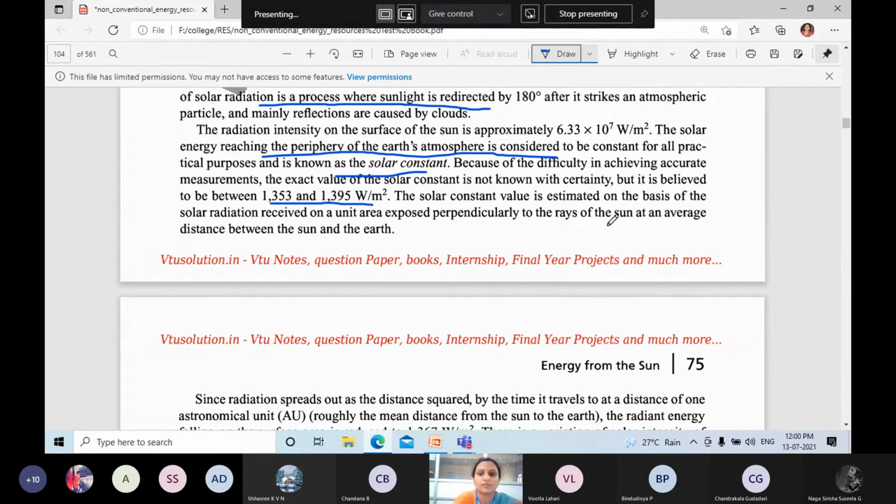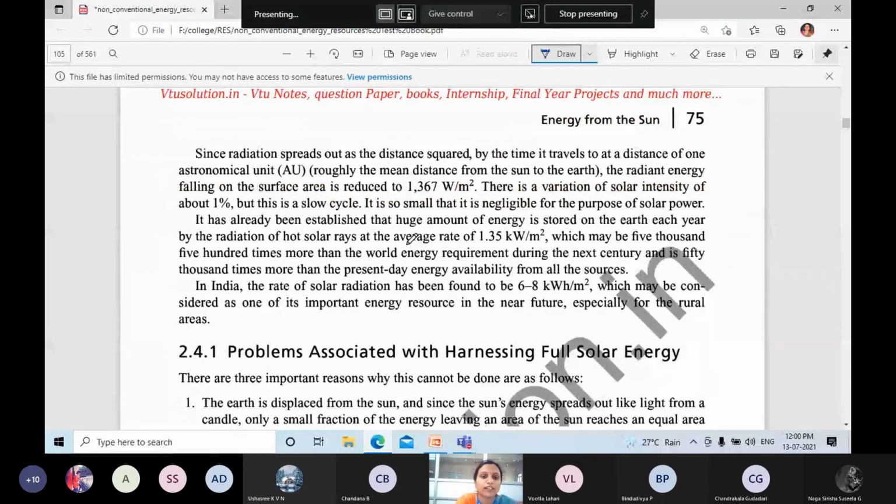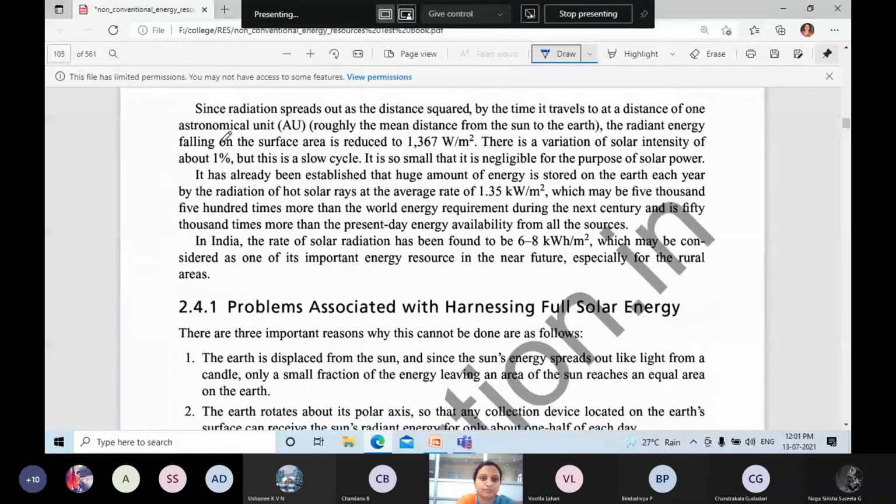The solar constant value depends mainly on the solar radiation received by the unit area perpendicular to the rays of the sun at an average distance between the sun and the earth. Next, since radiation spreads out as the distance squared, by the time it travels to a distance of 1 astronomical unit. Okay, this is fine.